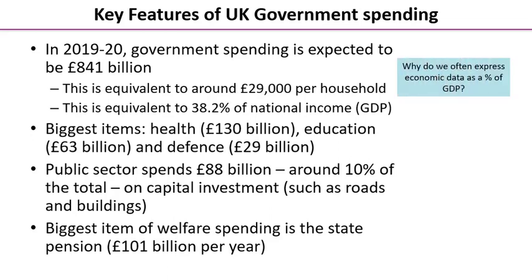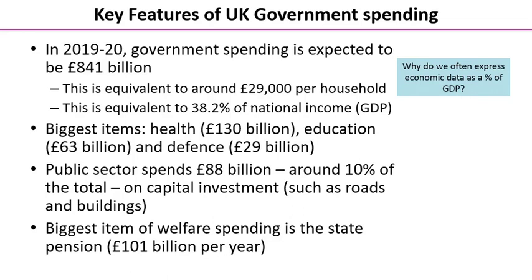So quick question here for you. Why do we often express economic data as a proportion of GDP? Well, it allows us to do comparisons between different countries. So 841 billion on its own doesn't really tell us very much about how big or small that number might be. Some countries are much bigger in terms of their GDP and some are much smaller.